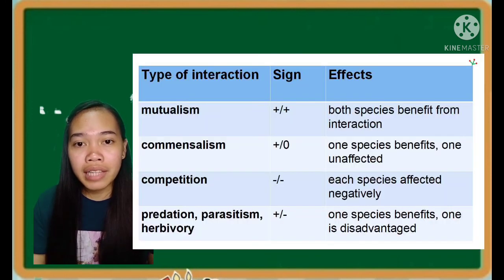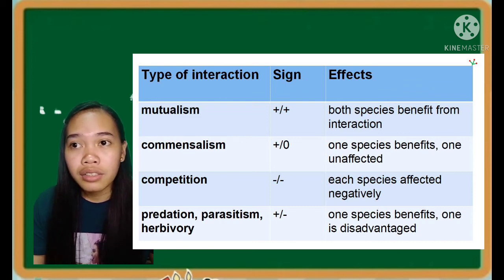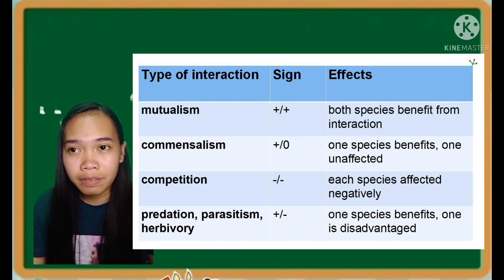So I have here a table of types of interaction. First is mutualism. The signs of mutualism are both positive. The effect is both species benefit from the interaction. Second, commensalism. Positive and zero. One species benefits, one is unaffected.